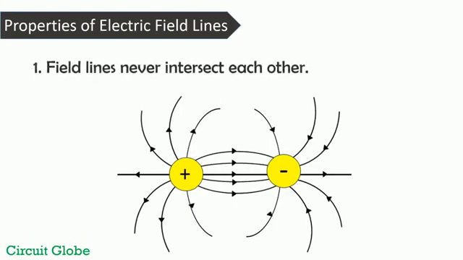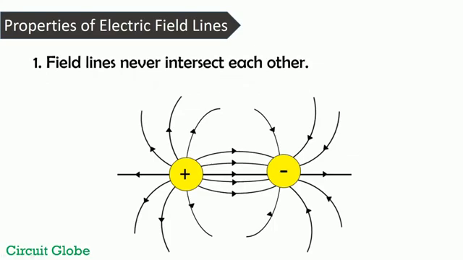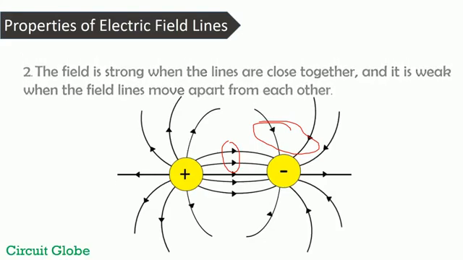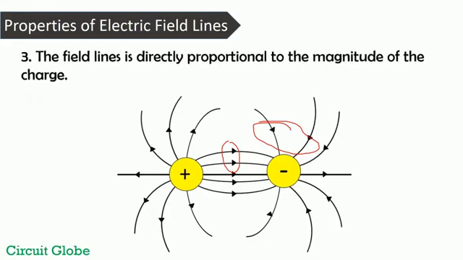The first property is that the field line never intersect each other. Okay, these lines never intersect each other. When the lines are close together, that means the strength of the field is high. And if these lines move apart from each other, that means the strength of the field is low. The field line is directly proportional to the magnitude of the charge.